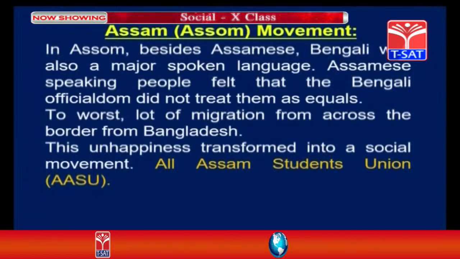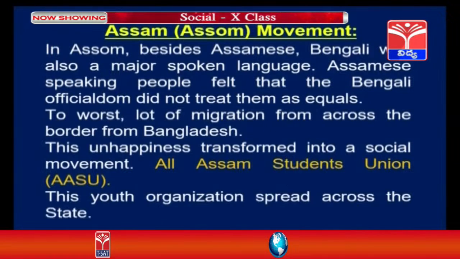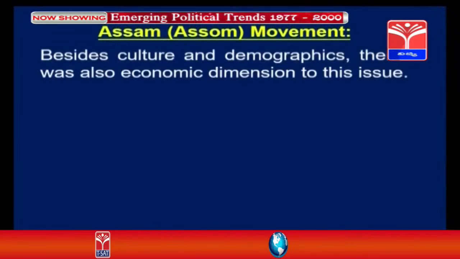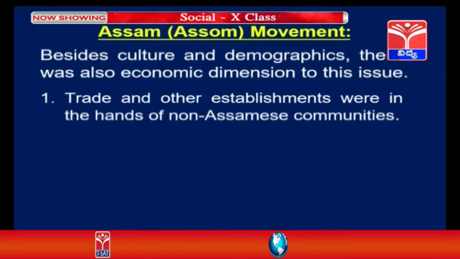This unhappiness transformed into a social movement and the All Assam Students Union was formed. This youth organization spread across the state, and besides the cultural and demographic aspects, there was also an economic dimension to this issue. That is, trade and other establishments were in the hands of non-Assamese communities.